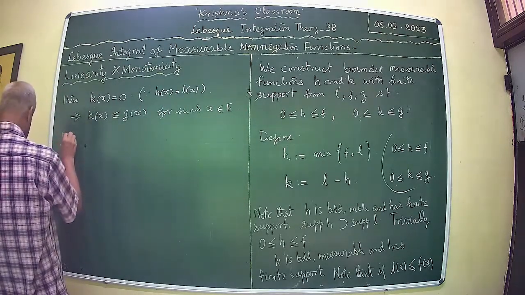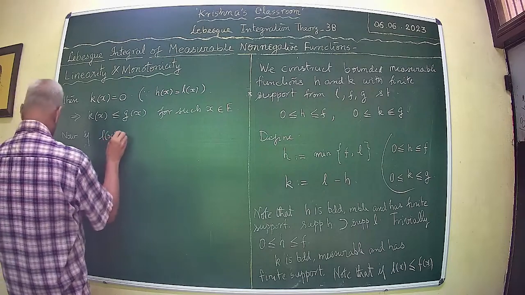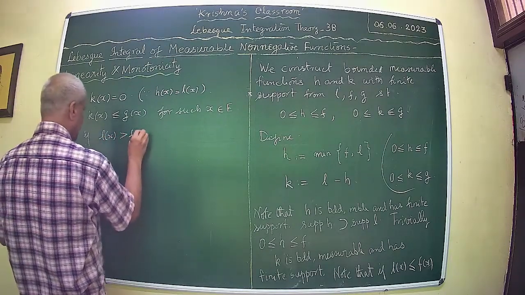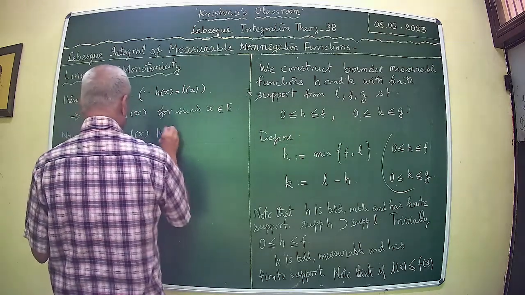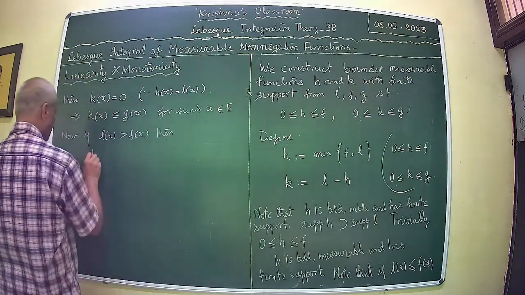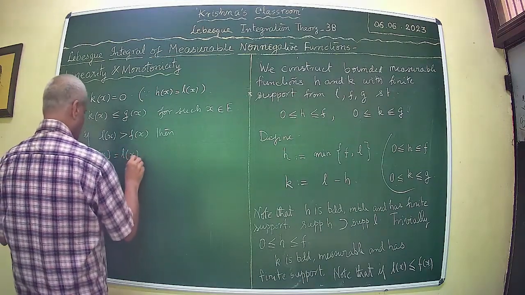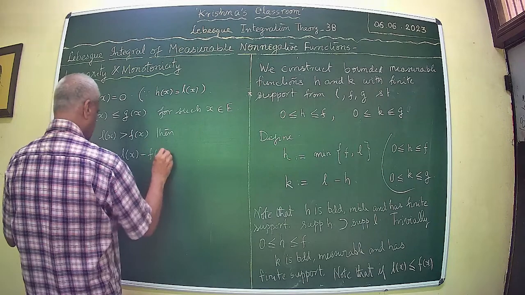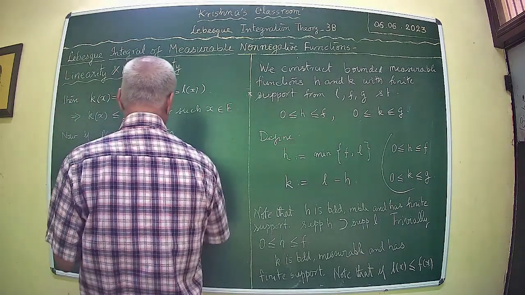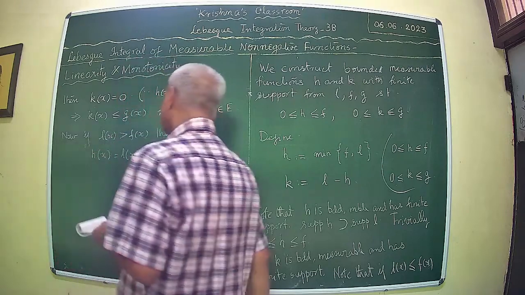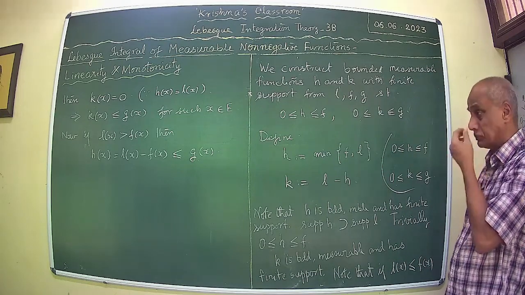Therefore, for such x, k of x is less than or equal to g of x. Now, if L of x is greater than f of x, then h of x equals f of x, which is less than or equal to L of x.